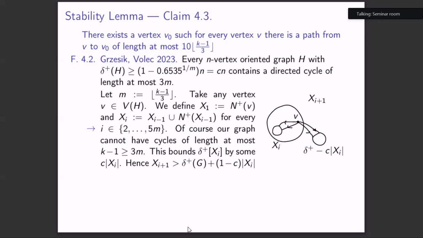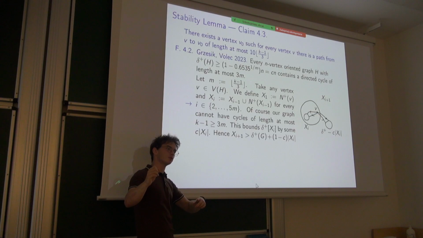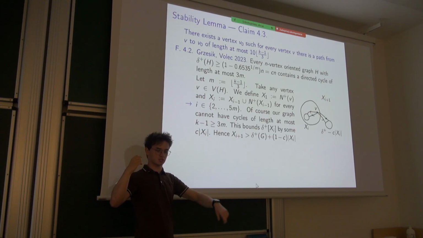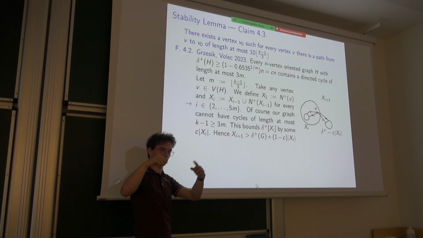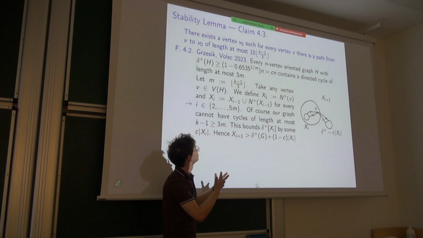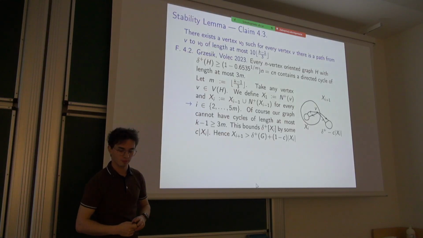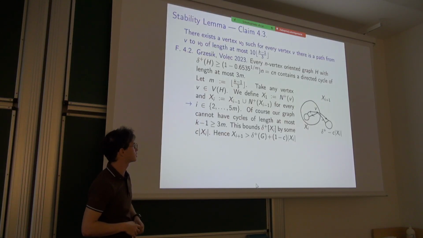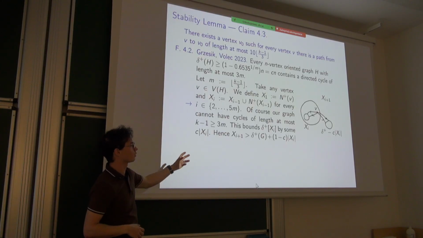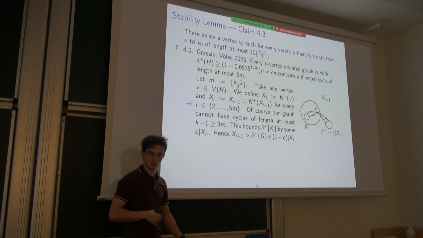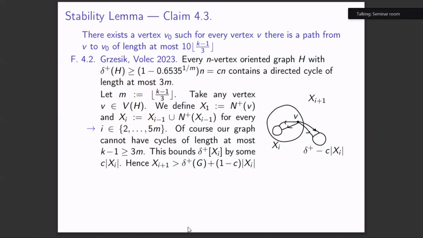Because we defined k as the smallest natural number greater or equal to 3 that does not divide L. If we have some cycle smaller than k, then its length divides L, and we may just loop around it a finite number of times to create a closed walk of length L. Therefore, in our graph, and in every induced subgraph of it, we must have a bounded outdegree. The outdegree must be bounded from above.